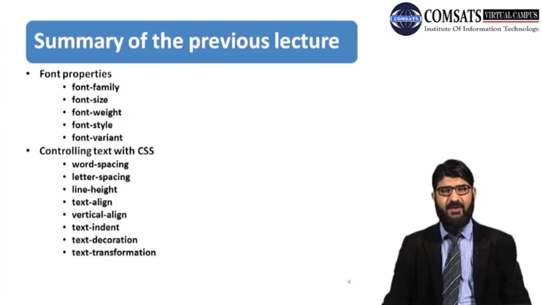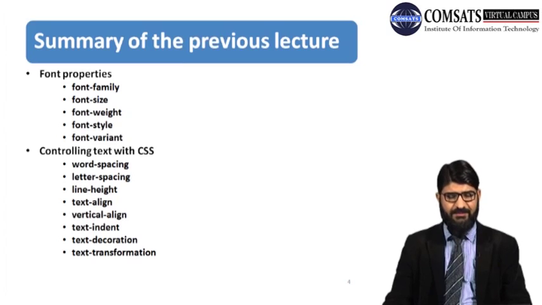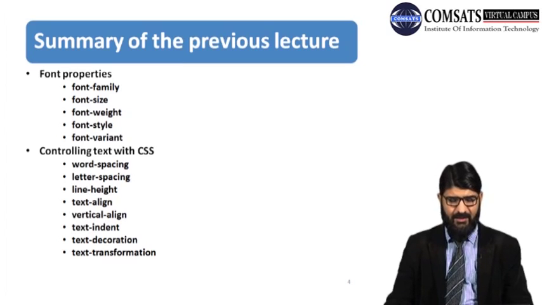The first one is font family. Font family is basically a collection of specific font styles. The most common font families are serif and sans serif, and the key difference between them is that the edges of the alphabet are present in one and excluded in the other.